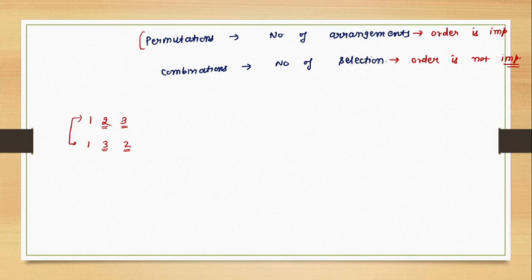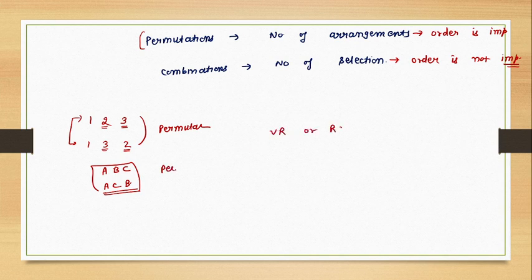So order of digits or order of alphabet, ABC and ACB, both are different words. Then it is called permutation. Virat Kohli, Rohit Sharma, or Rohit Sharma, Virat Kohli, both are the same thing. These are called combination. So you must have understood the basic difference between permutation and combination.